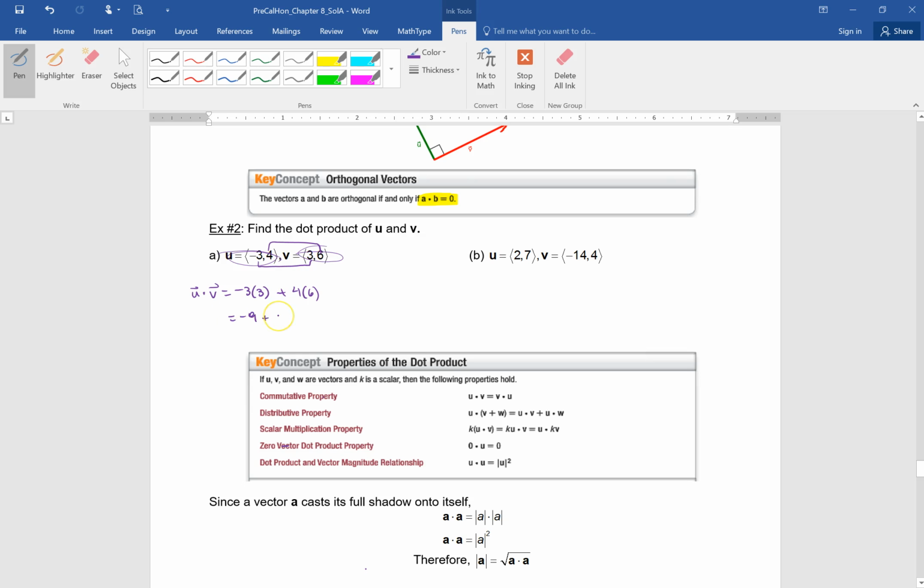Negative 9 plus 24. So what's U dot V? 15. Here, U dot V is 2 times negative 14 plus 7 times 4, negative 28 plus 28. U dot V is 0, so these two are orthogonal.